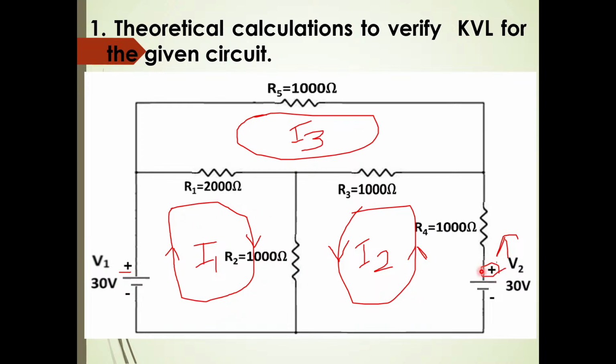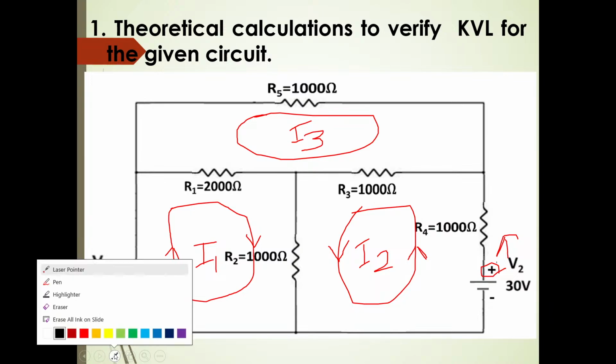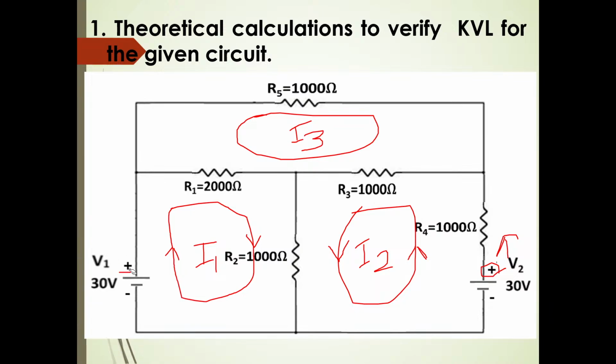And here the positive terminal is upward for V2. Therefore, for the I2 loop current, beside this positive terminal I have assumed upwards. If this is upward, definitely the current will flow in anti-clockwise direction. No need to follow this rule, but I have followed it. You can assume either clockwise or anti-clockwise, your wish.